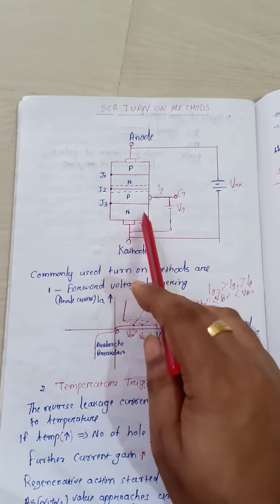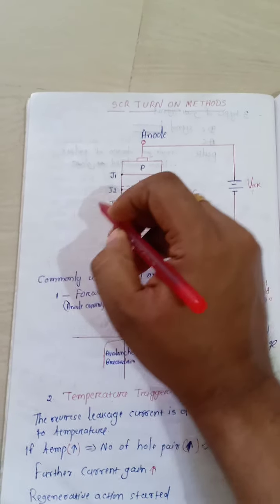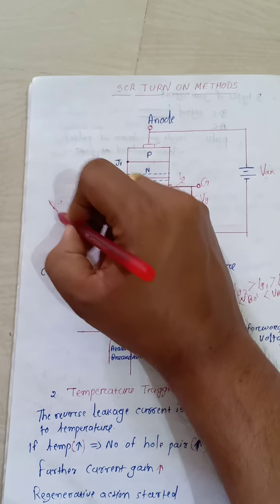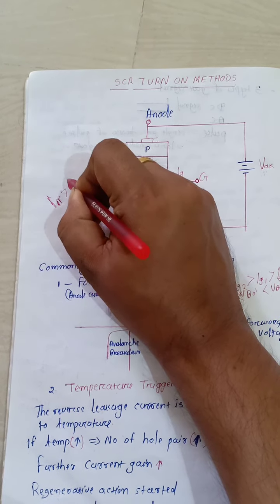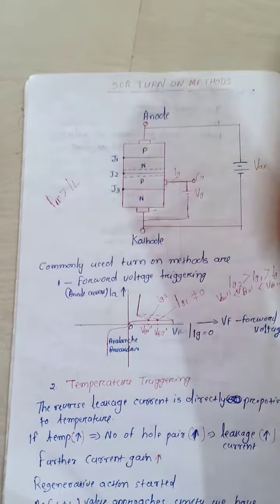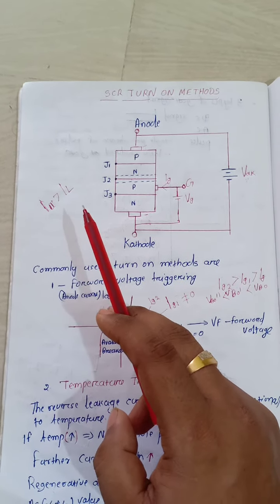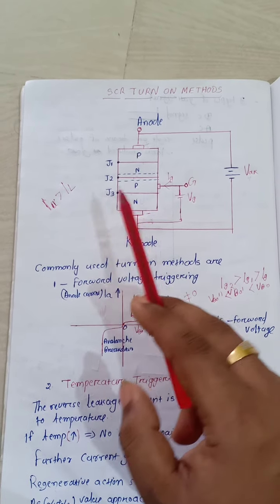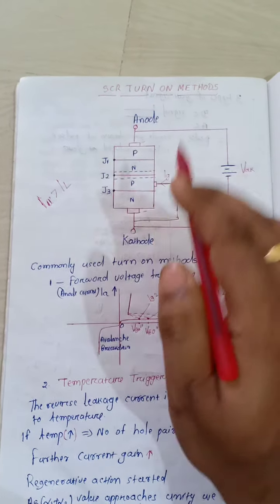So to turn on a SCR, the anode current must rise up to a level which is called latching current. The anode current IA must be greater than latching current IL. You all know about the latching current. The latching current is the minimum value of current above which our anode current must rise so that this device will get reliably turned on.